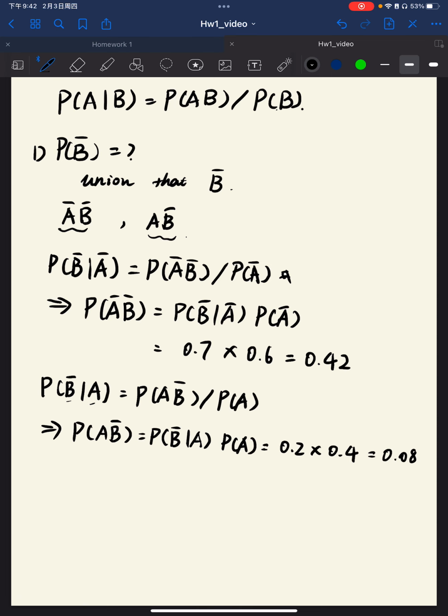The probability of event B bar is equal to these two intersections added together, since there are only two ways to receive 0. So the probability of B bar is 0.42 plus 0.08, which equals 0.5.